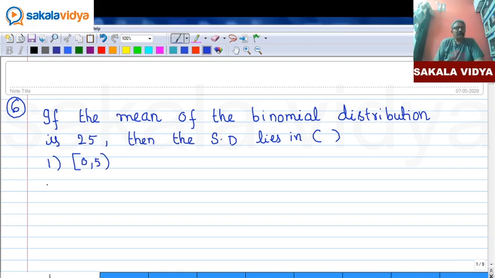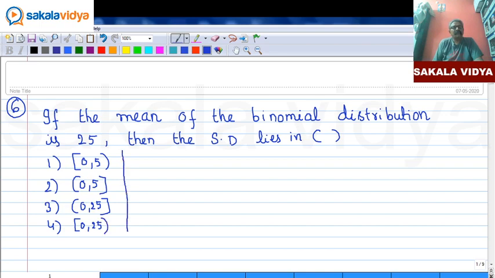Second option open 0 comma 5 closed. Third, 0 comma 25 closed. Fourth option is closed 0 comma 25 open. This is the question.